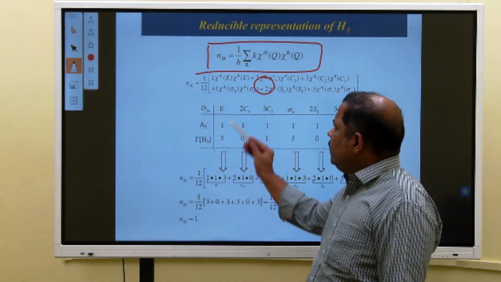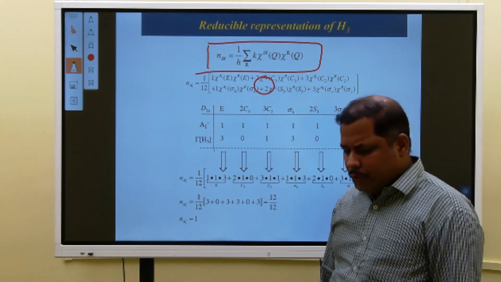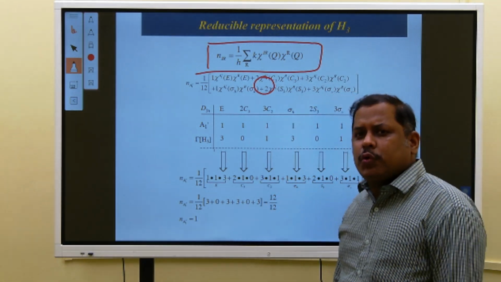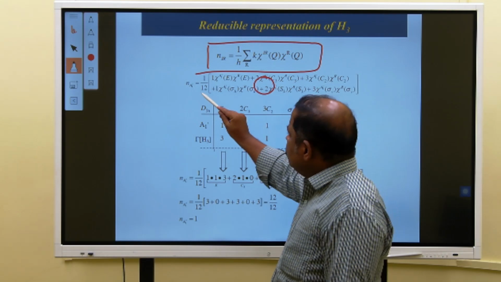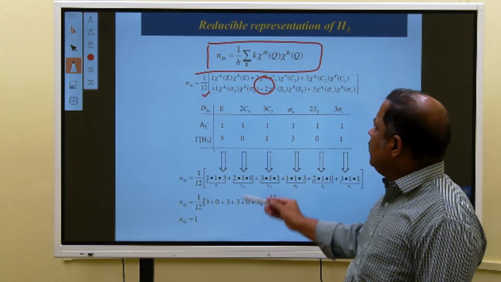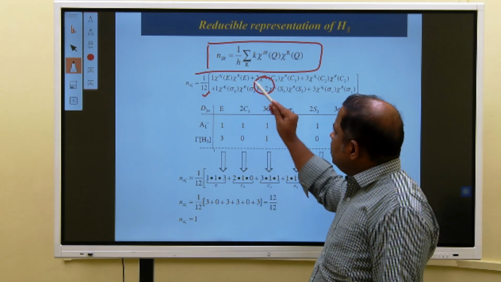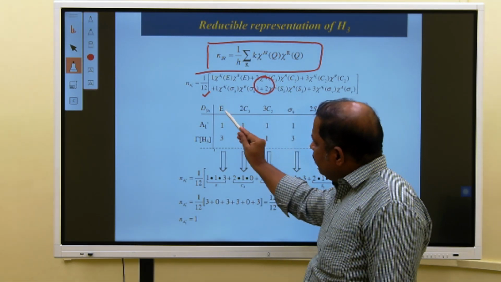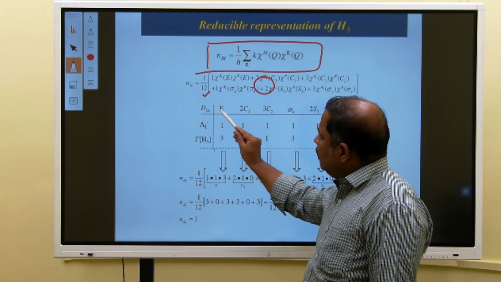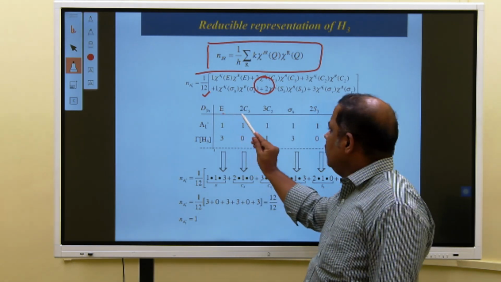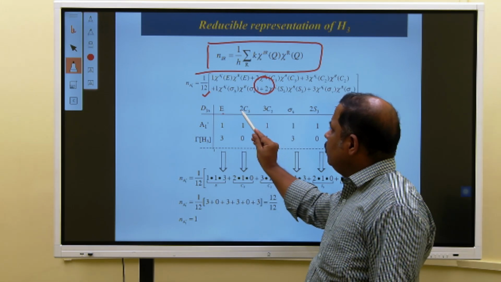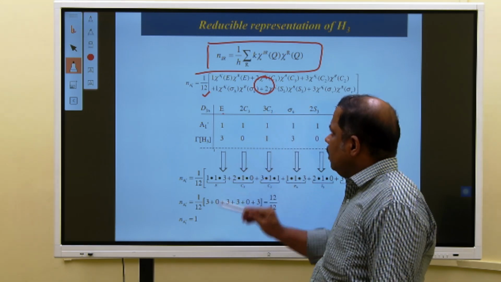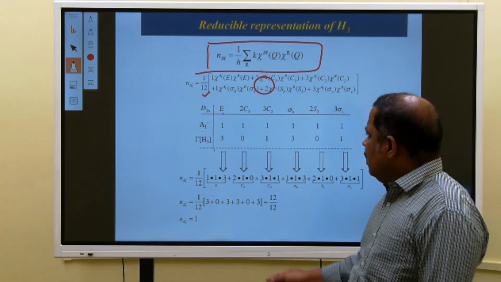Now see, what is h? h is the order of group. So in case of D3h, the total number of the symmetry element is 12. So we will write it as here 12, right? k is basically the number of symmetry elements of this particular class. For example, in case of E, what is the value? 1. In case of C3, what will be the value? 2. In case of C2, what will be the value? 3, and so on. So let us take one by one.